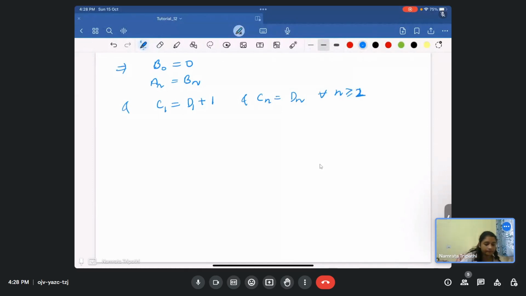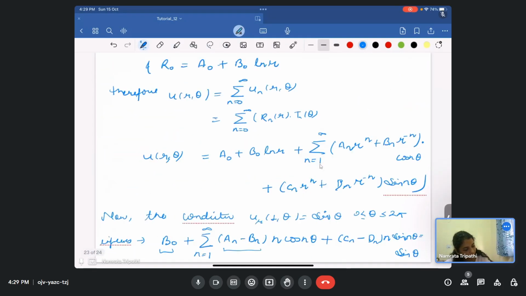Okay, so we can write the solution u(r, theta). The first term is a naught from here, and the second term b naught is 0, so the second term will vanish.